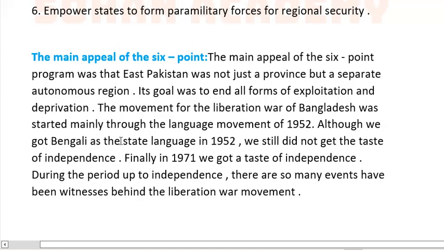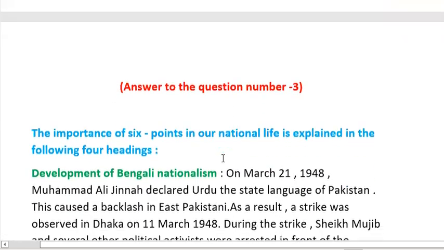Although we got Bengali as the state language in 1952, we still did not get the taste of independence. Finally, in 1971, we got a taste of independence. During the period up to independence, many events were witnessed behind the liberation war movement.